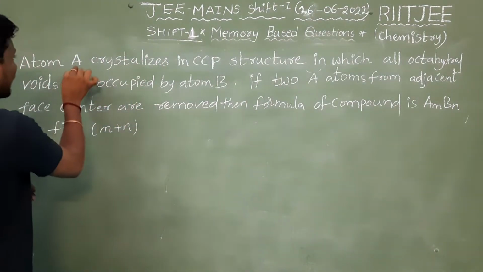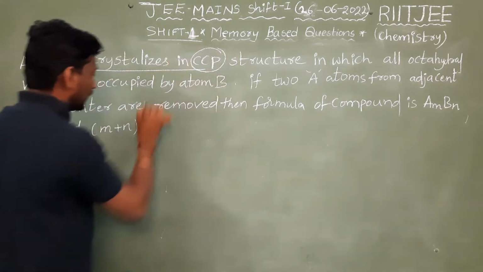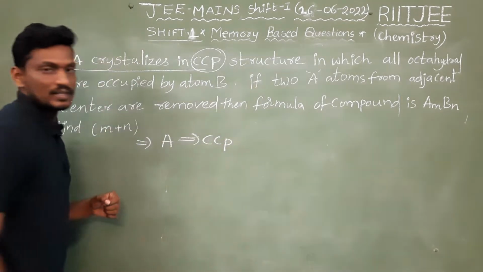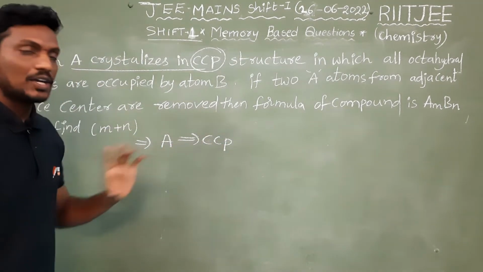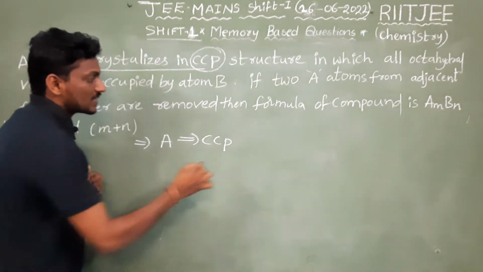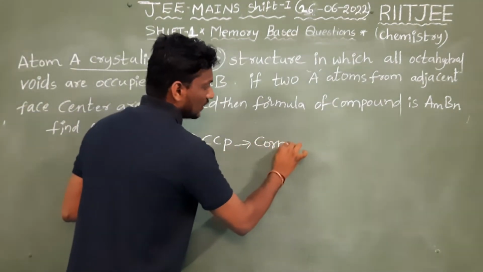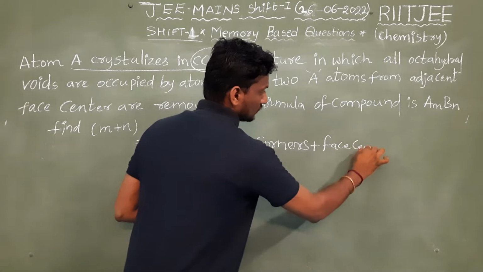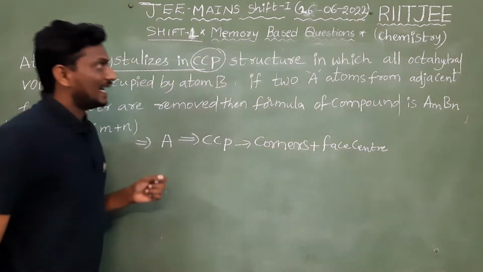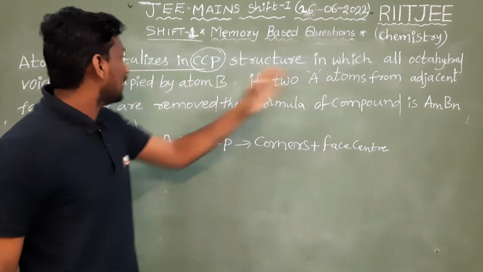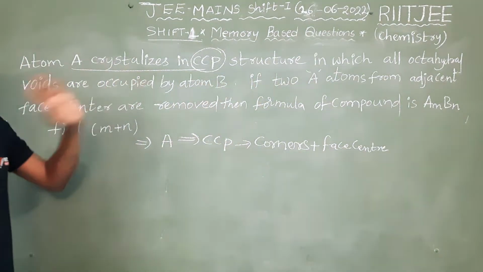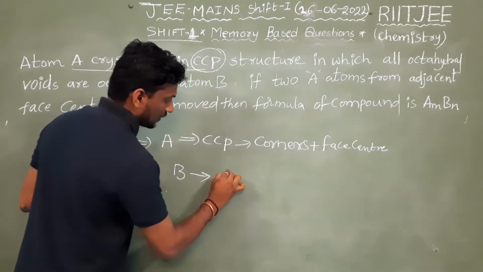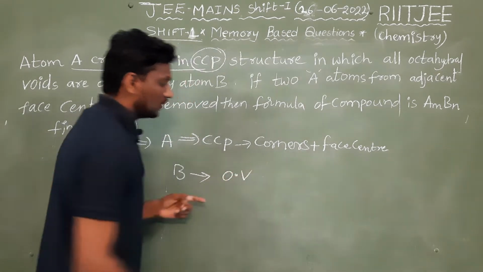So first he is giving that A atoms are occupying the CCP. So if the A atoms are occupying the CCP, then total atoms are present at the corners and face centers. And he is giving that all octahedral voids are occupied by B. So now B atom is occupying the octahedral voids.